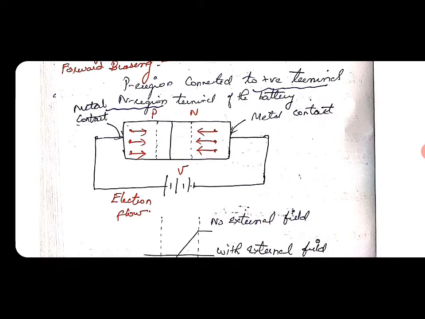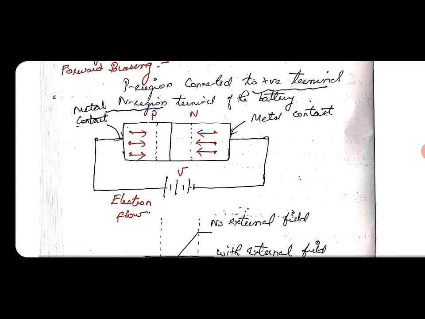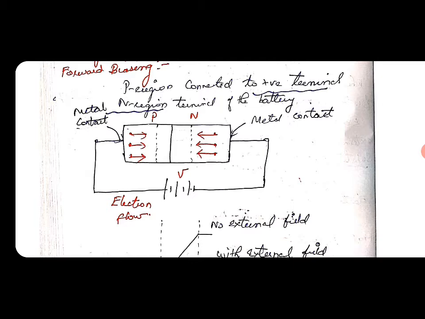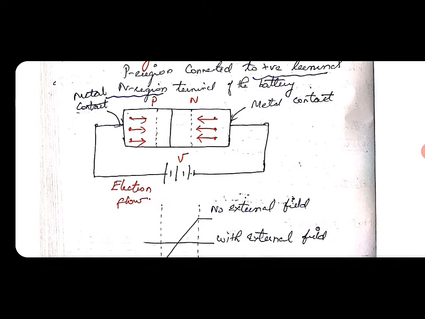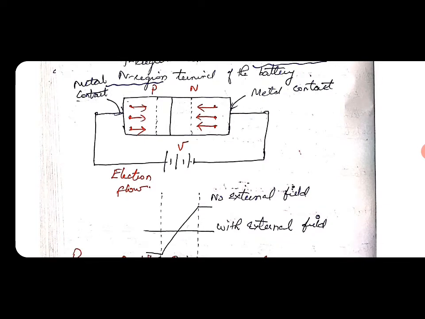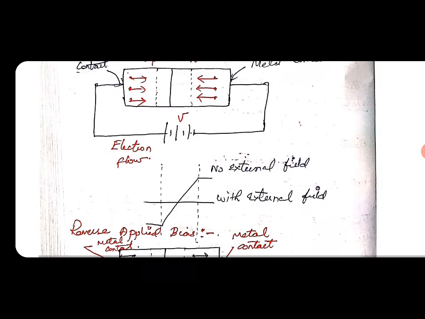As the applied voltage is gradually increased from 0 onwards, the barrier potential gets progressively smaller, and at one stage it effectively disappears. Then the carriers can flow across the junction. This is the forward bias junction.